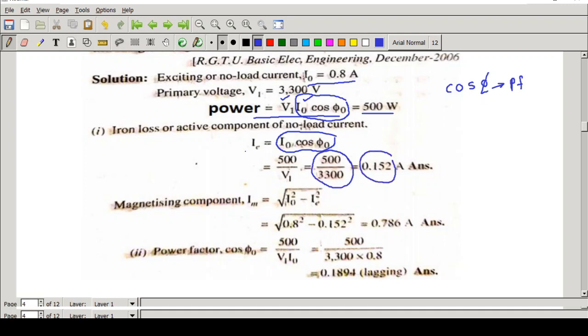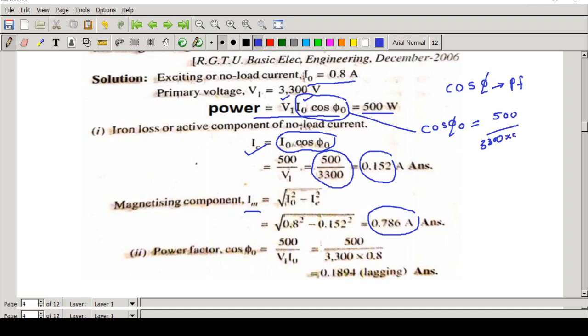So this is actually IE, the core loss component. Now I0 is given, right? So very easily you can find IM: square root of I0 squared minus IE squared. Then you will get this value. Next you are asked to find the value of the power factor. From this expression you can get cos phi 0, that is the power factor, equal to 500 divided by input voltage, that is 3300, into 0.8.